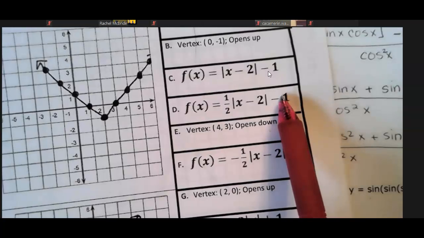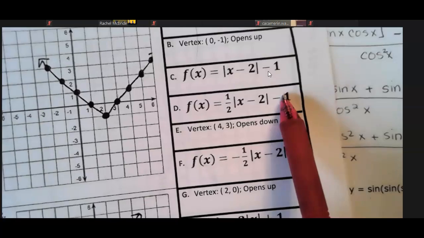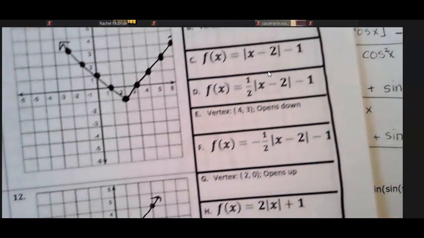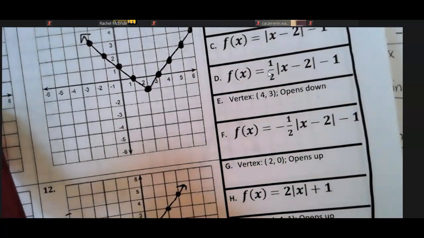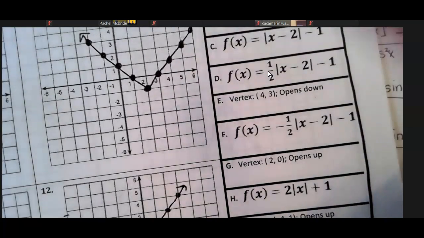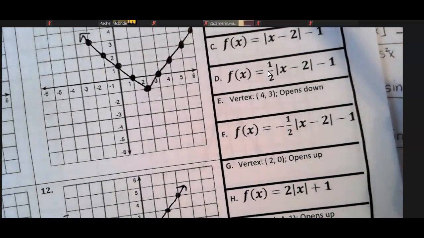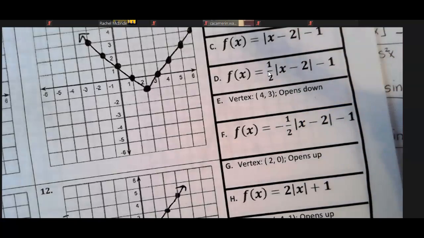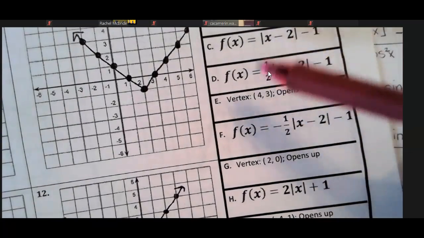Go ahead. So technically number 9, yes. And technically you're not wrong. However, yesterday in the video when I was explaining how to do this homework, letters A, C, D, F, like the equations went through with problems 7 to 12, and the vertex and opens up or down went through 1 through 6.